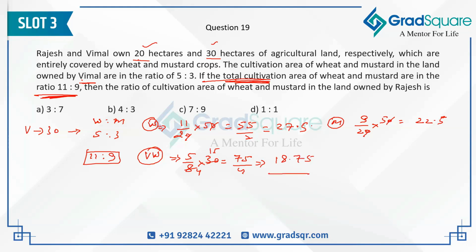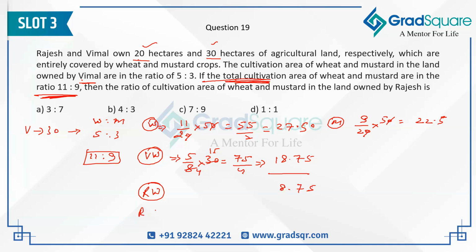Now if you subtract 18.75 from 27.5, you will get the wheat area for Rajesh. Rajesh's wheat area is something that you will get. So if you subtract this, what am I going to get? We are going to have 8.75.